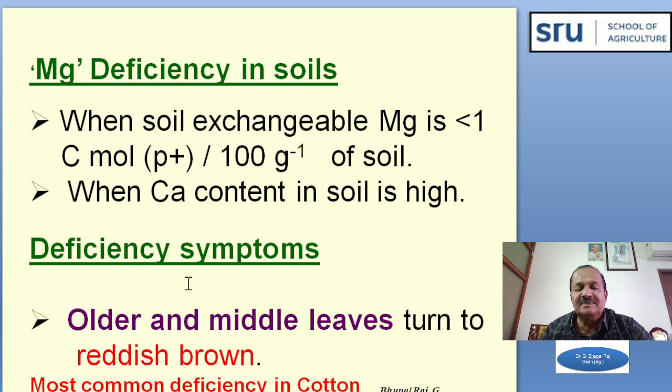The main symptoms of magnesium deficiency in the crops appear mainly on the older and middle leaves, not on younger leaves. They turn reddish brown in color. The most common deficiency of the magnesium is observed in cotton growing areas. This is a very important secondary nutrient deficiency in the cotton crop.